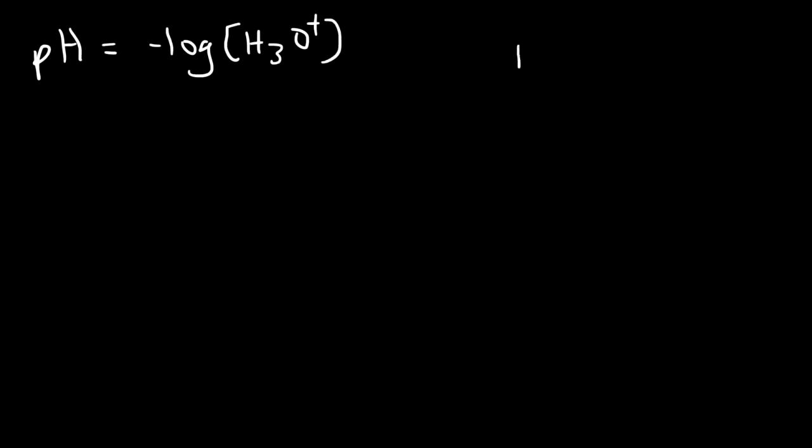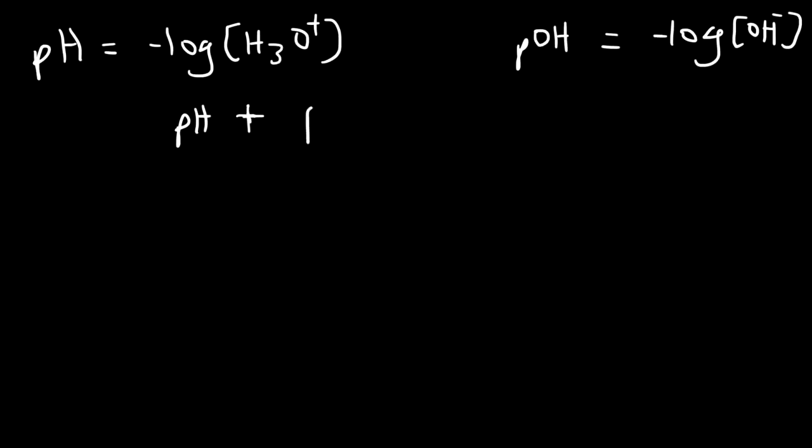Hopefully this gave you a good understanding of how to calculate pH and pOH. So let's review some of the basic formulas that you need to know. So keep this in mind. pH is equal to the negative log of the hydronium ion concentration, or H plus concentration. And the pOH is the negative log of the hydroxide concentration. And then the pH plus the pOH has to add up to 14.